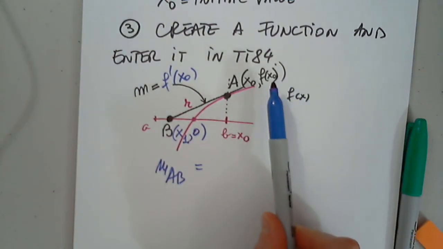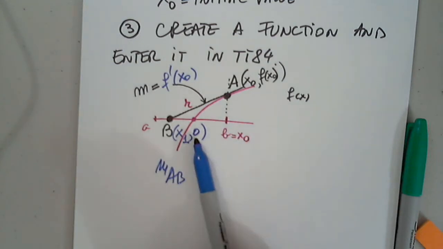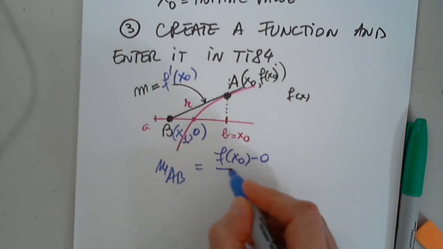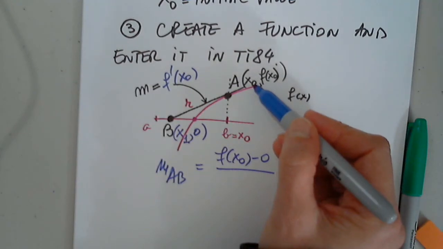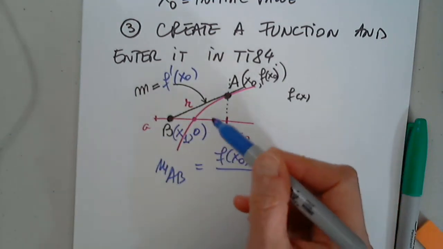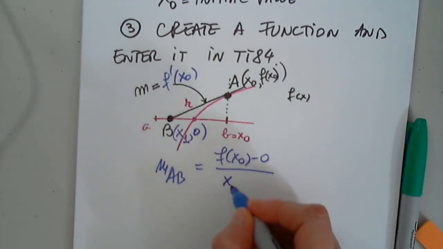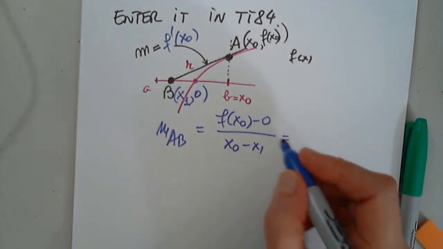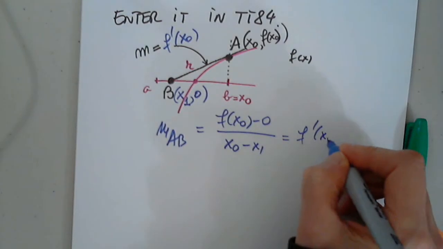F of x0 minus 0 over x0 minus x1. Agreed? But this is the same as f prime of x0. Would you agree?